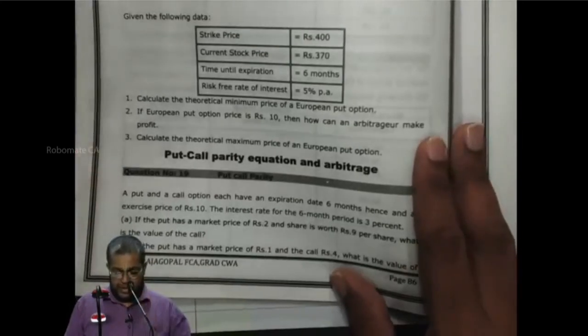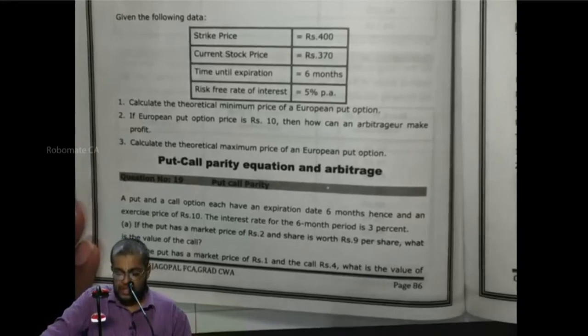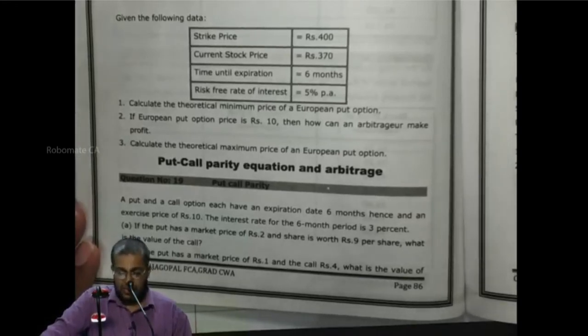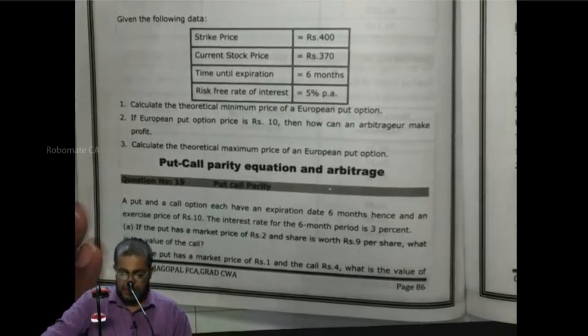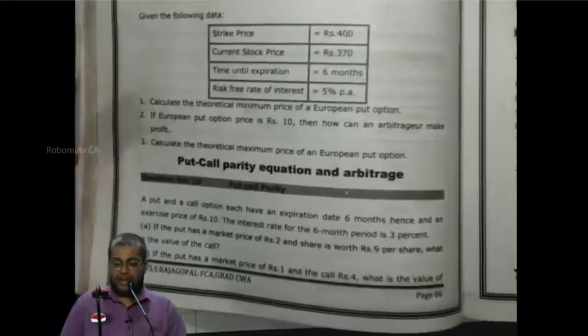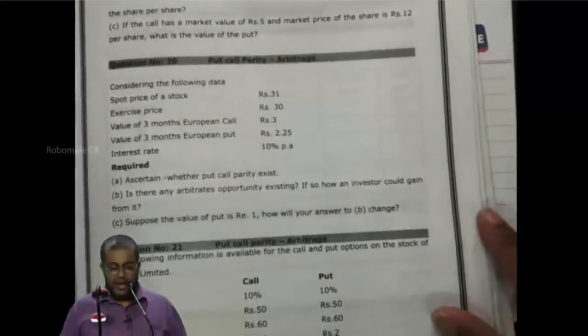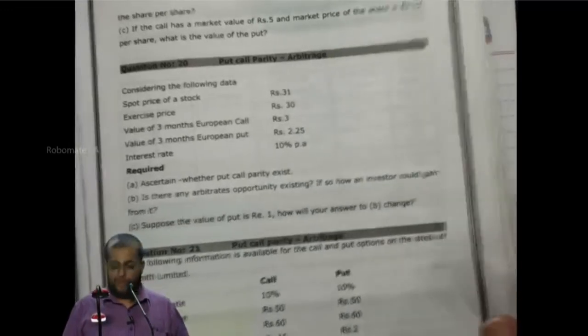If the put option has a market price of 2, share is worth 9, what is the value of the call? If the put has a market price of 1 and the call is 4, what is the value of the share? If the call has a market value of 5, market price of the share is 12, what is the value of the put? One of the past RTP questions.